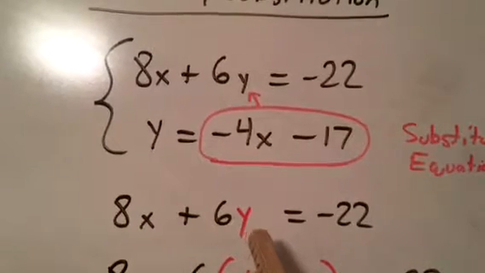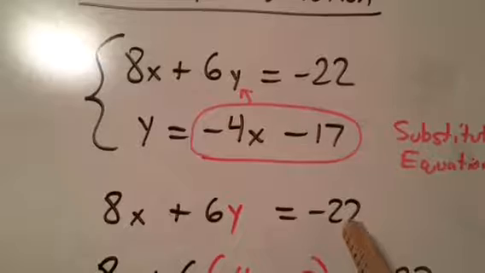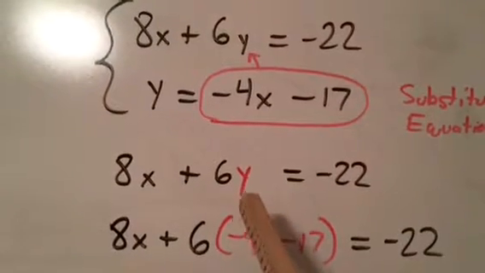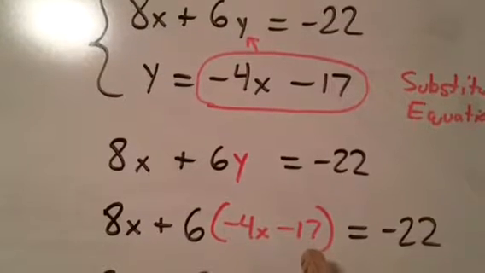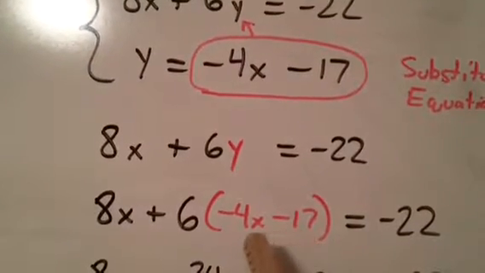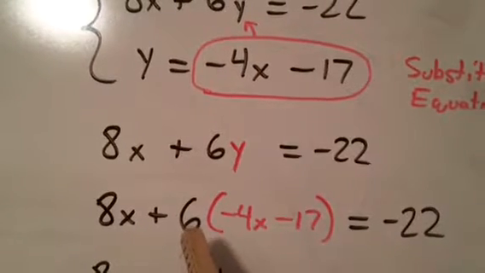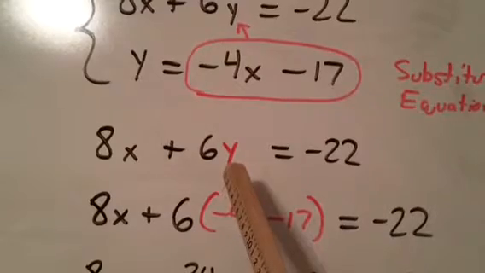So for the y here, in the 8x plus 6y equals negative 22 equation, I can replace the y with the expression negative 4x minus 17. Notice I put the expression in parentheses because I do need to be aware that the 6 was being multiplied by whatever y is.